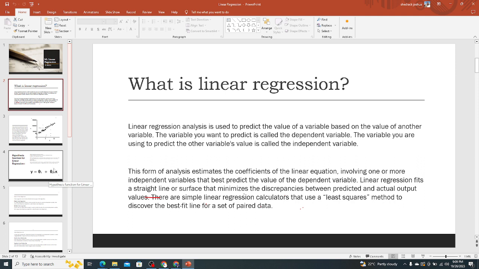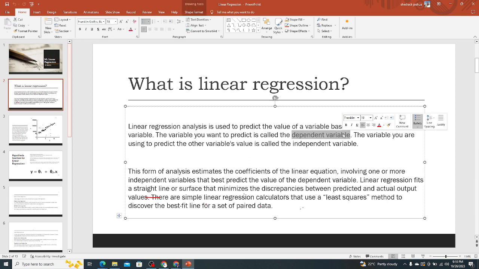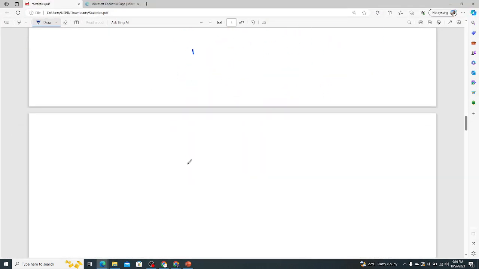Okay, good. So, what is linear regression? That's where we have to start. Linear regression analysis is used to predict the value of a variable based on the value of another variable. The variable you want to predict is called the dependent variable, as I have shown you, for example in y is equal to mx plus c.